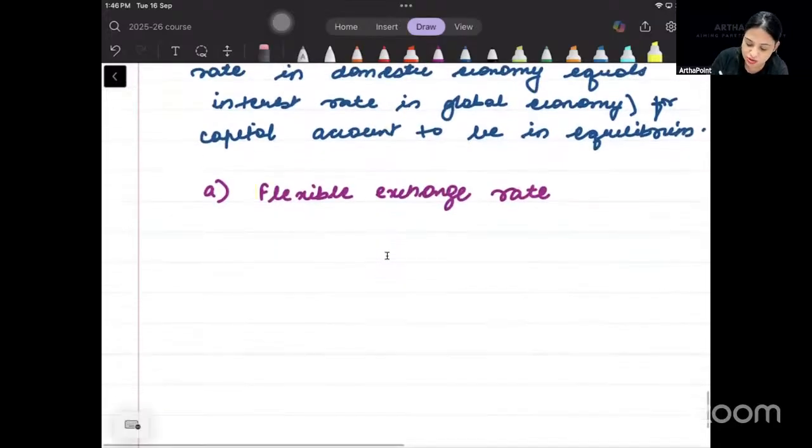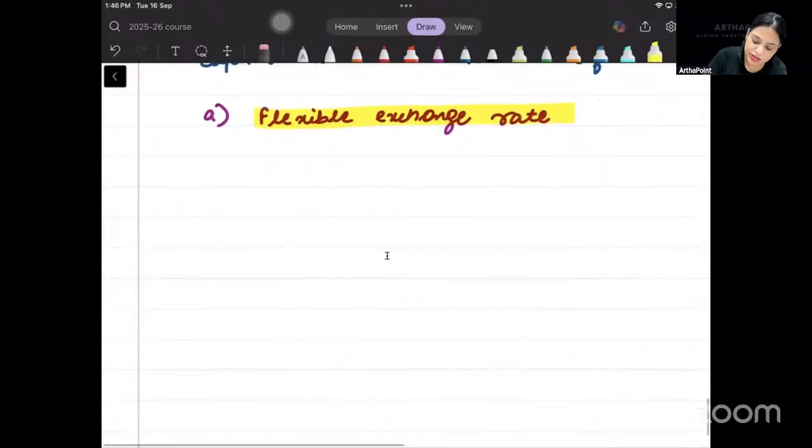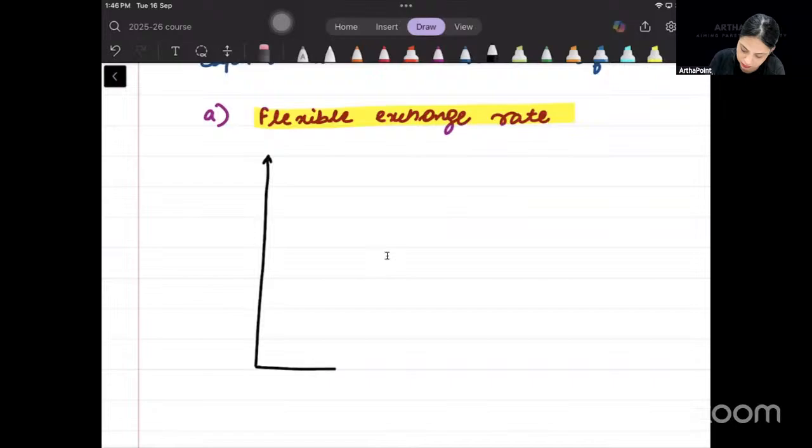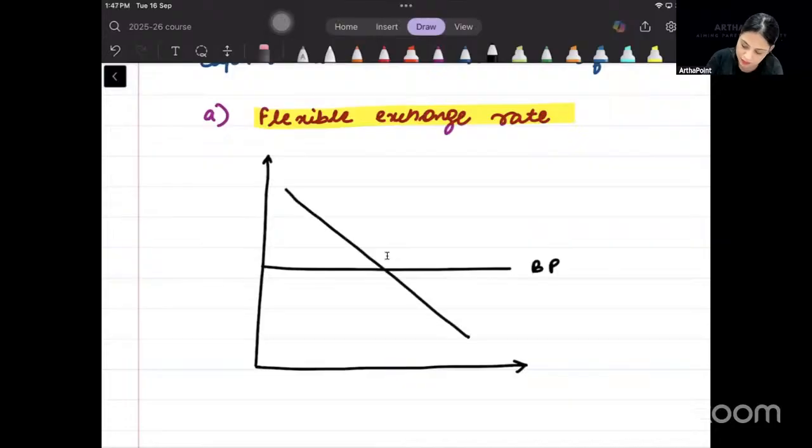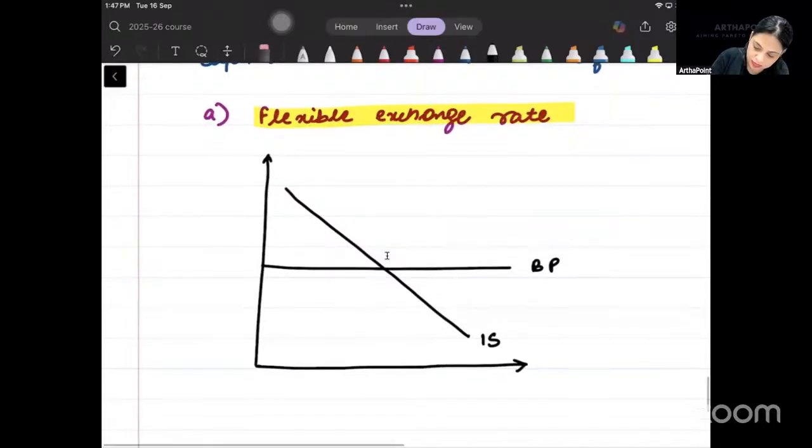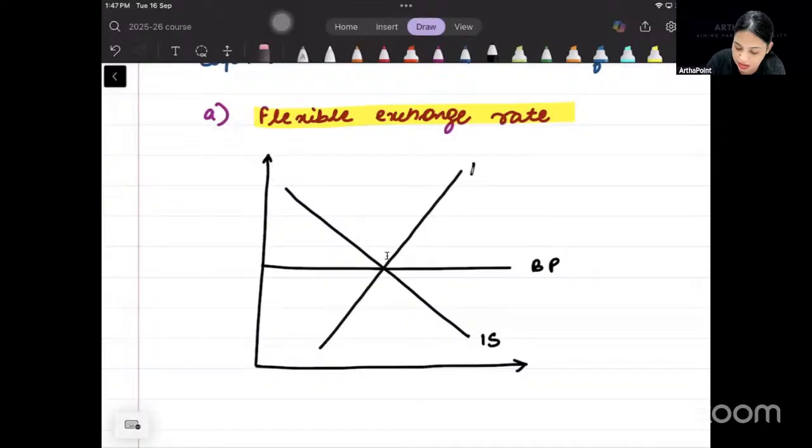So what can we do better? This is my BP curve, IS, LM.